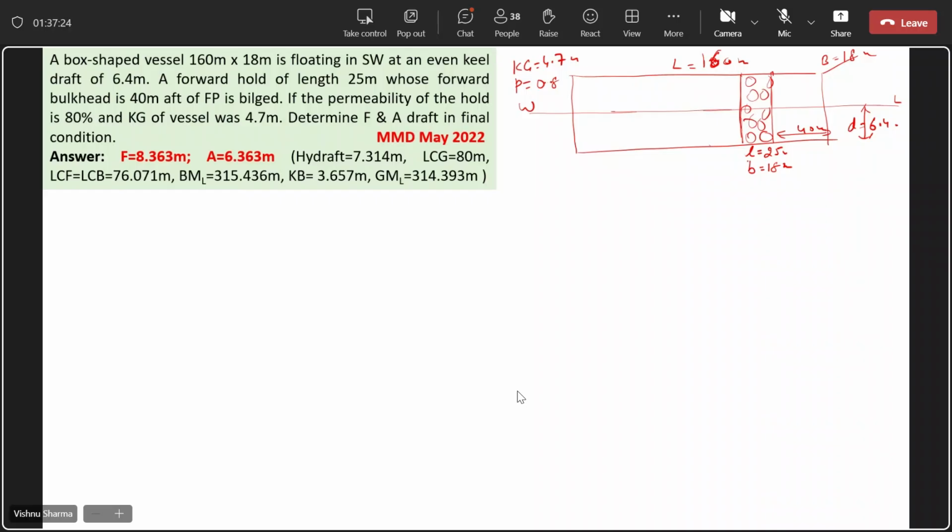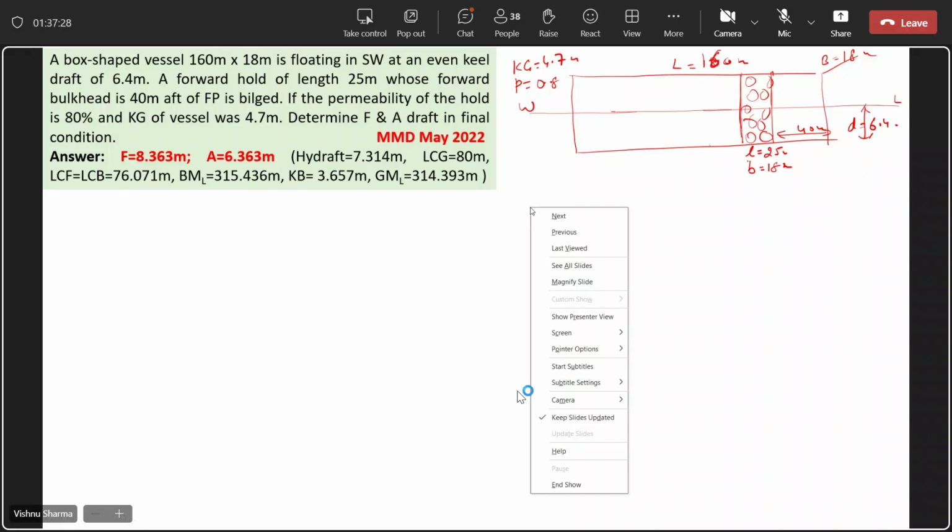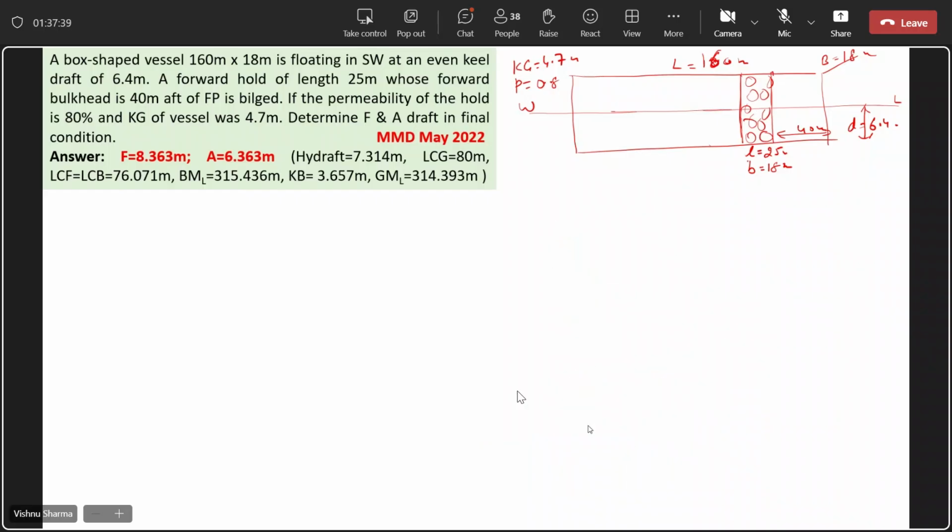Is this what you have made, guys, in the intact condition side profile? Yes or no? Yes, sir. Okay. Guys, I'll be basically now giving you a lot of lead and you have to start solving. Next, shade the lost buoyancy. Now draw W1 L1.